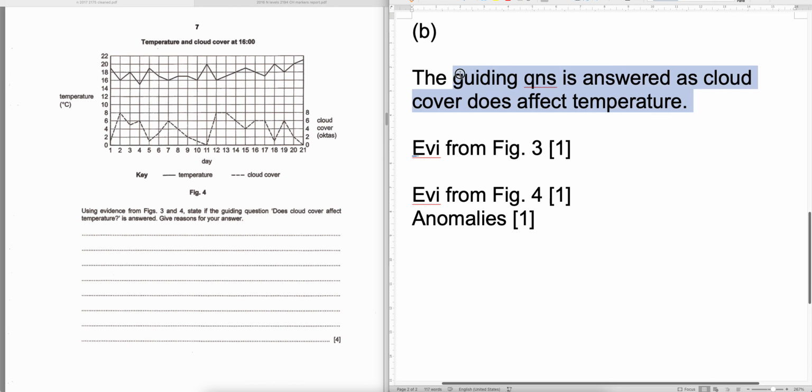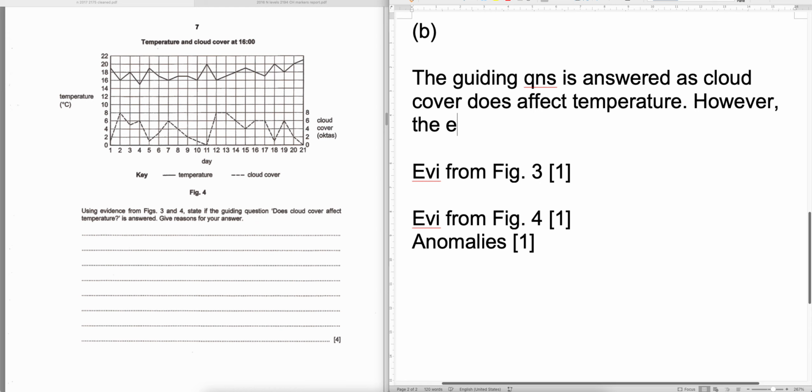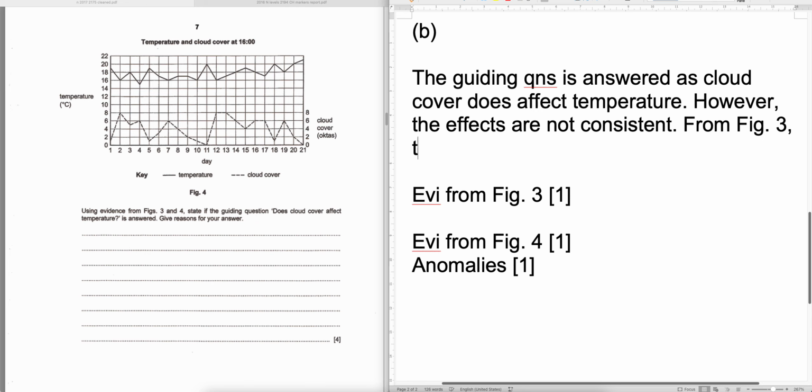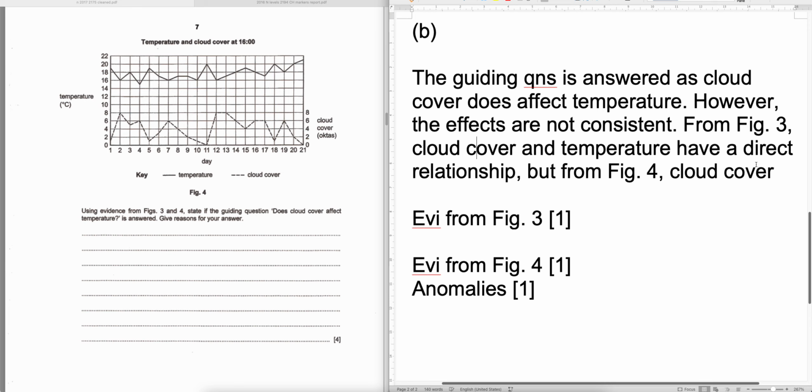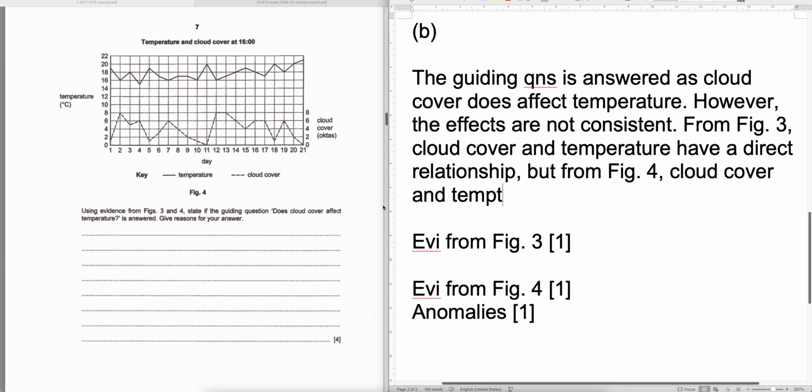So how do I make this even better? The guiding question is answered as cloud cover does affect temperature. However, the effects are not consistent. From figure 3, the cloud cover and temperature have a direct relationship, but from figure 4, cloud cover and temperature have an inverse relationship.